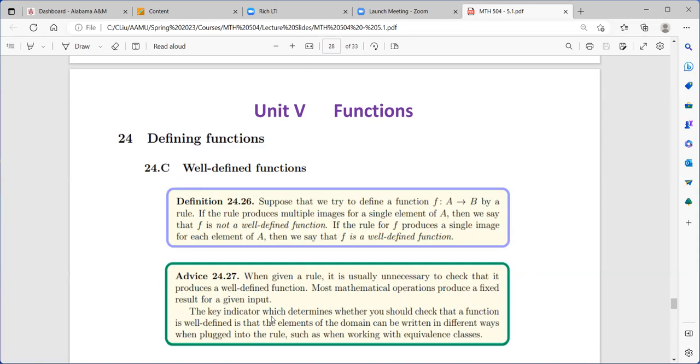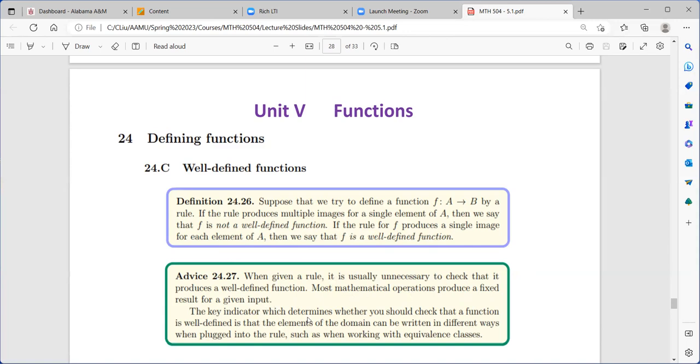So this is the one thing we need to be careful about when we give a rule. It's usually not necessary to check that it produces a well-defined function. Most mathematical operations produce a fixed result for a given input, but sometimes it does not. So we need to be cautious.